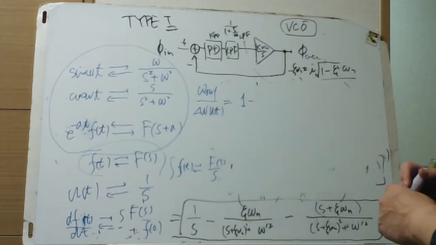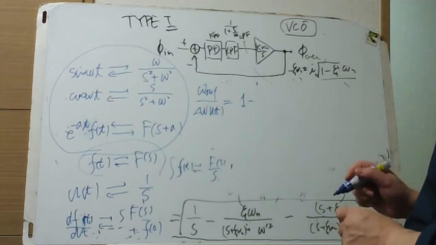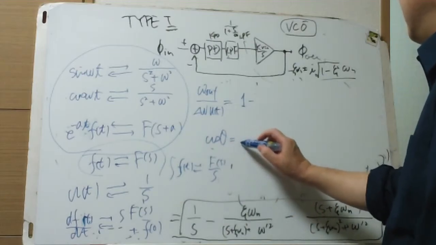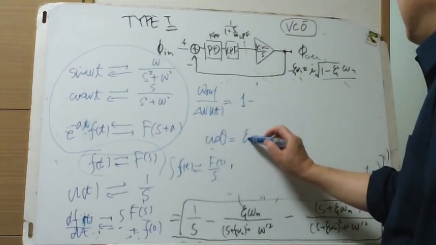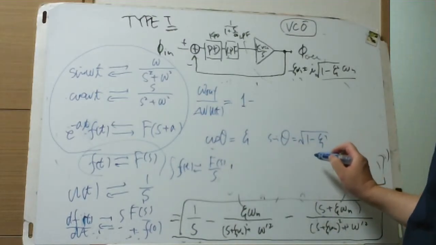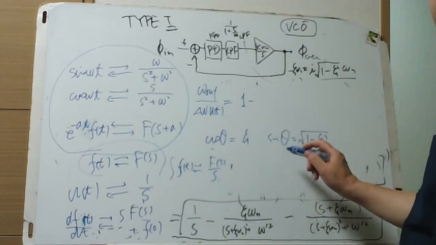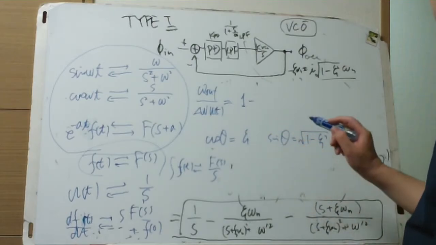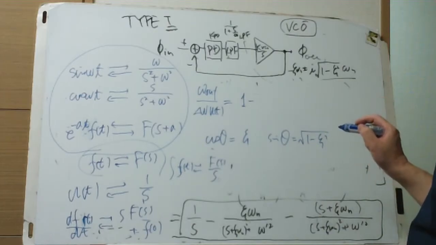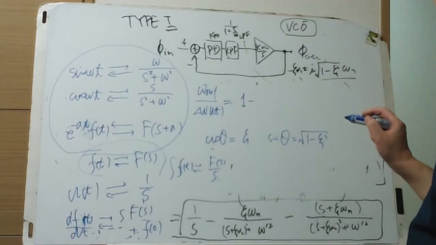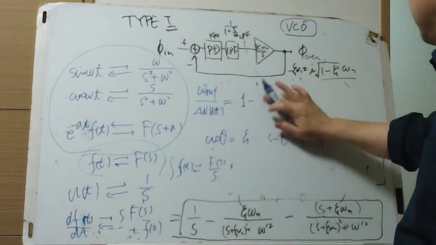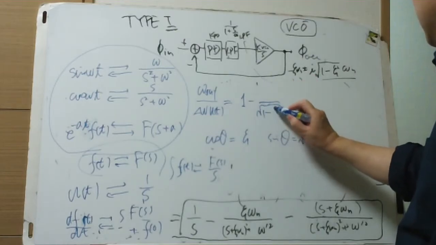Or when cosine theta equals zeta and sine theta equals square root 1 minus zeta squared, and the tangent equals sine over cosine.